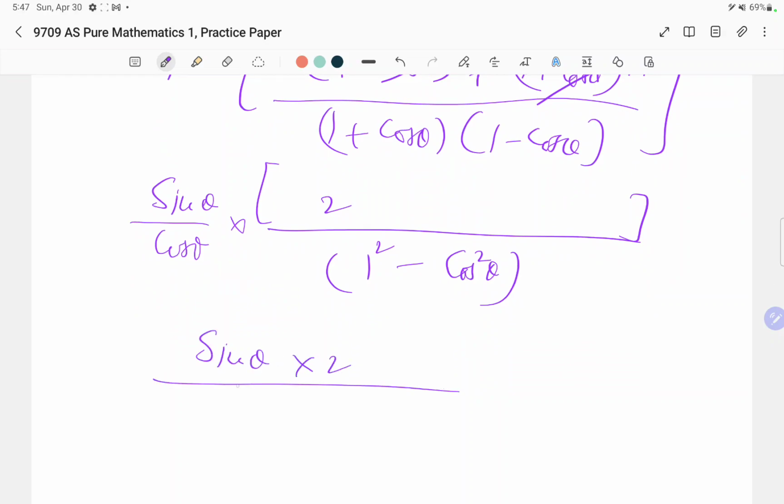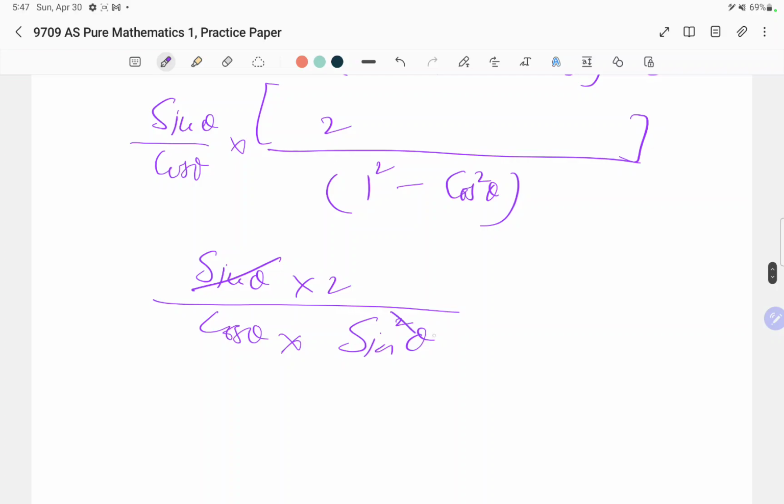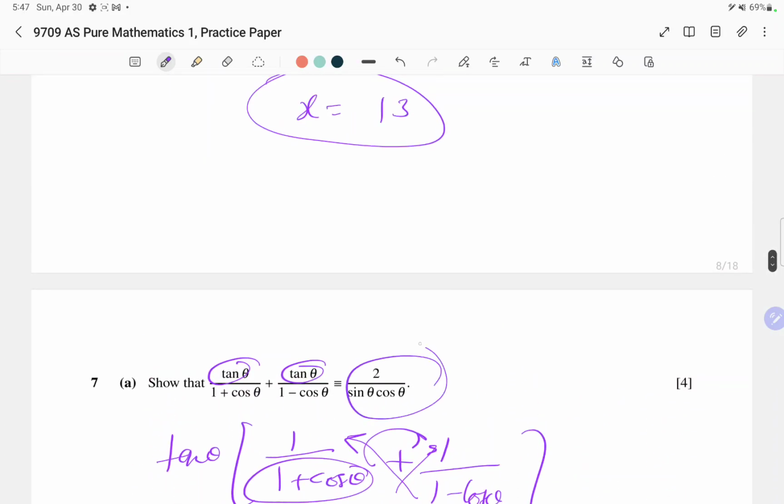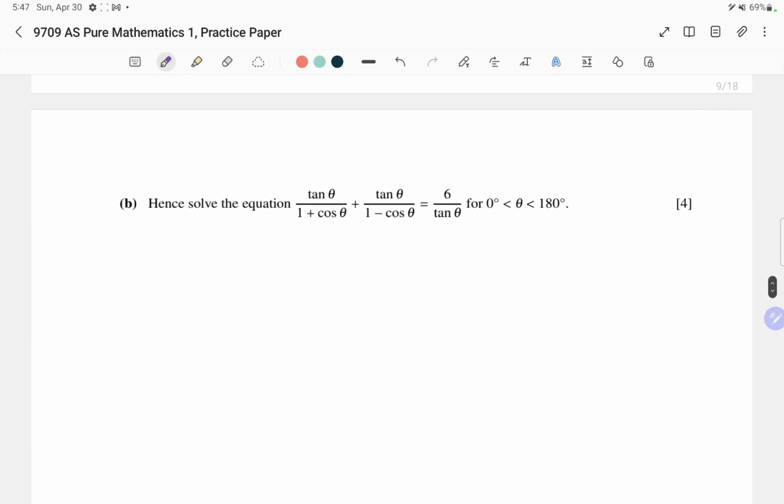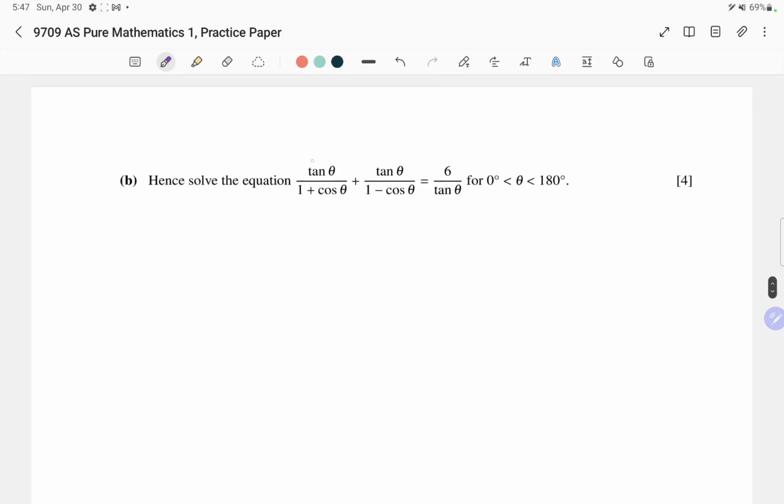Sin theta into 2 over cos theta into 1 square is 1. So 1 minus cos square is sin square, so this is sin square theta. So one sin you can cancel. Now 2 over cos theta times sin theta, so 2 over sin theta cos theta, same. Hence solved.